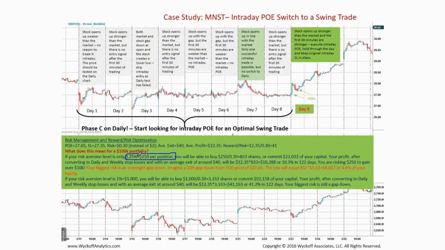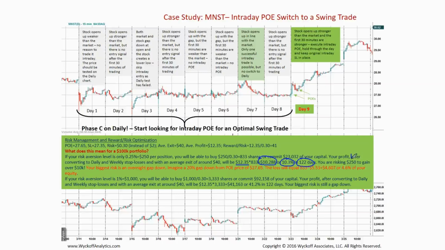So how many shares can we buy here, for the risk of $250? Well, if this is the risk in dollar amounts and this is the risk in points, we can buy 833 shares, and we will commit $23,000 of our capital. So our profit on 833 shares with the $12.35 move to the upside is going to be about $10,000, or about 10% in 122 days.